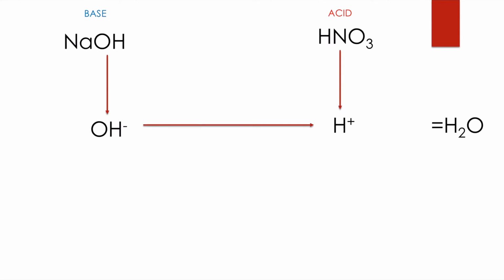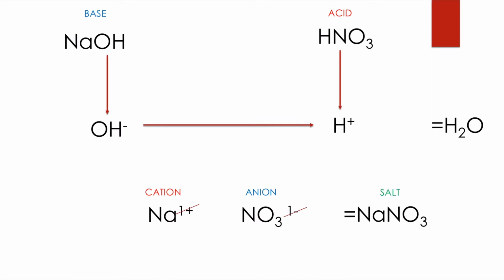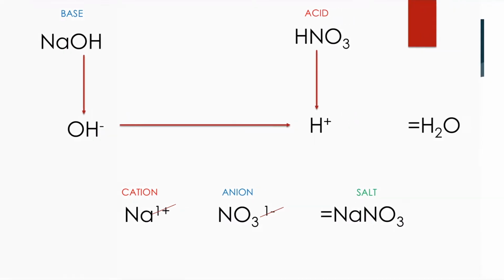What will be left behind? The cation part of the base and the anion part of the acid. The anion and cation share the same valencies, so in this case their valencies will be cancelled out, and the formula of the salt will be NaNO3, which is called sodium nitrate. I hope this is quite understandable and clear to you all.